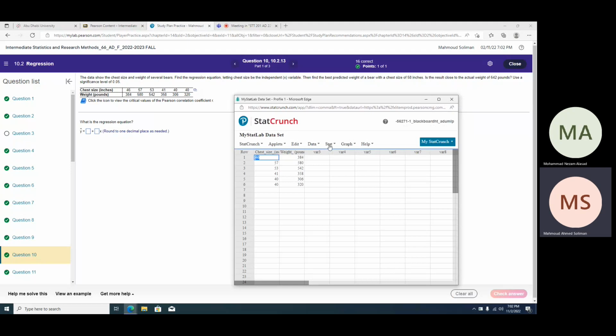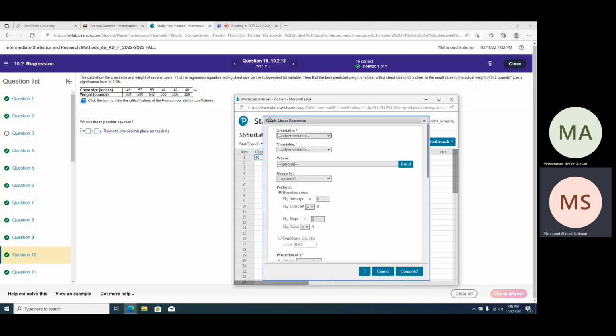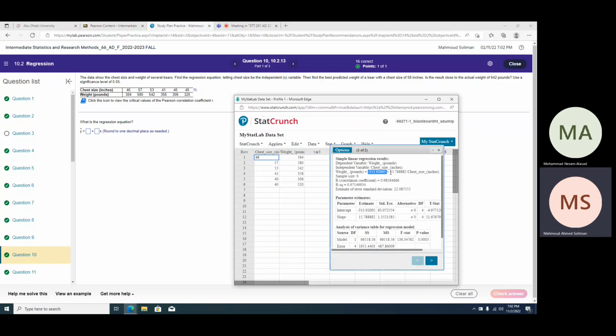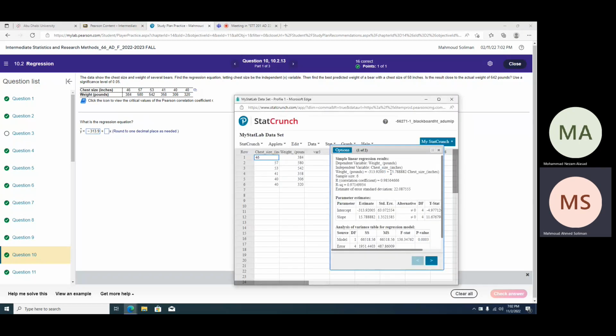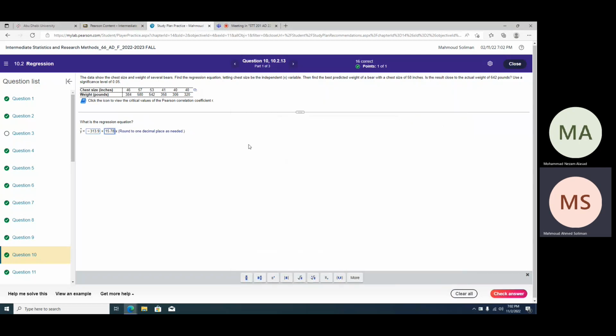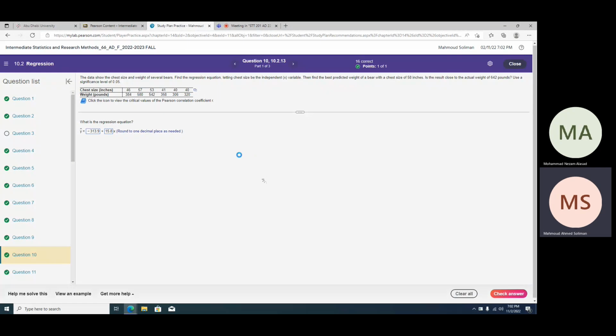X is chest size. So stat, regression, simple linear. Chest size is x, and then weight is y. Compute. And here you have the equation. You copy this part first, the 300 with the negative. It says 1 decimal, so 1 decimal. And here we have this one, copy it. 1 decimal becomes 8.